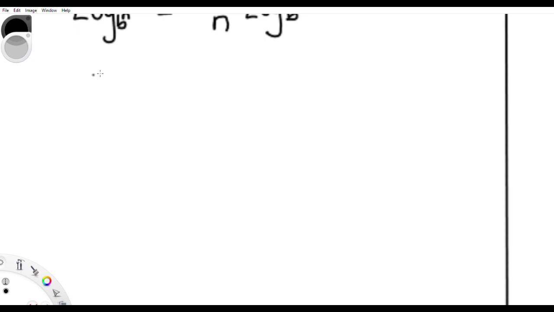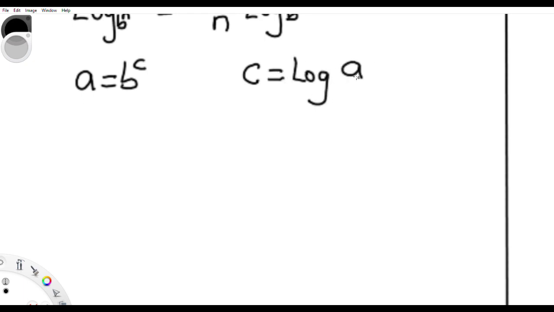If you have, this is the law, a equals b raised to power c. This is the exponential form, the index form, and in logarithmic form it is c equals log a base b.